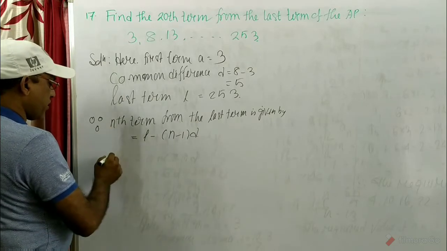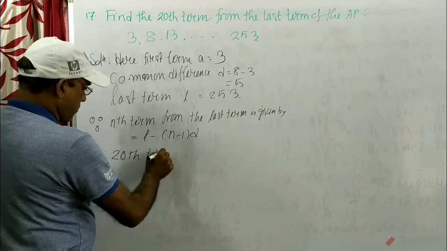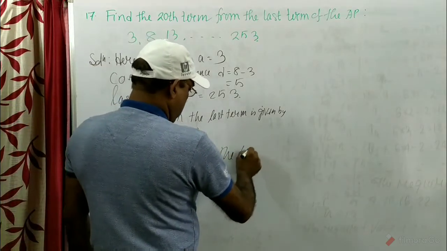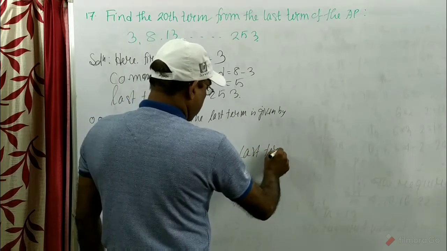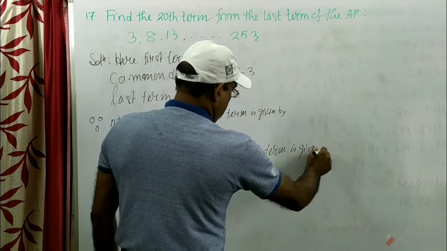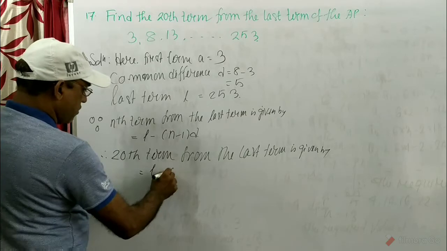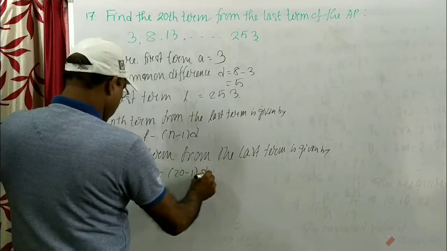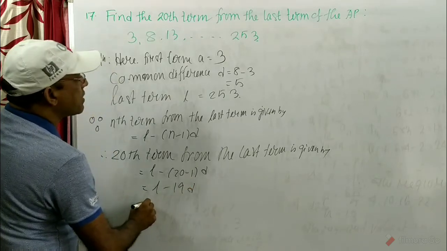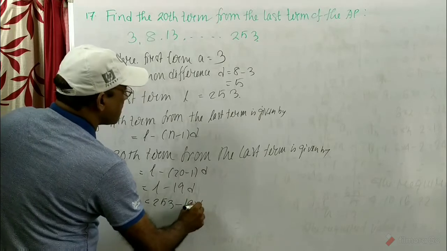Now our requirement is the 20th term, therefore the 20th term from the last term is given by L minus 20 minus 1 into D, L minus 19D. L means 253, 19, and D means 5.